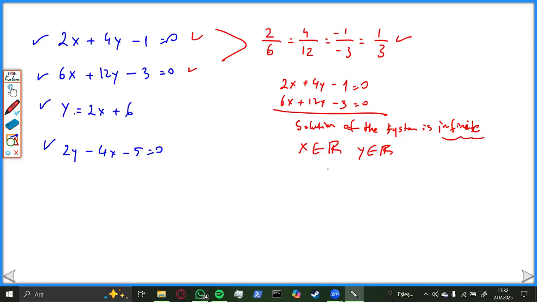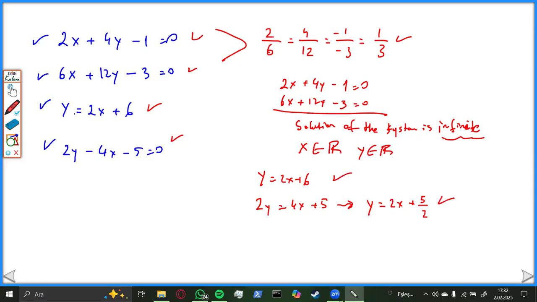But if you check the other lines, for instance, y is 2x plus 7, and when you check this in the gradient intercept form, 2y is 4x plus 5, and after simplification you are going to see that y is 2x plus 5 over 2.